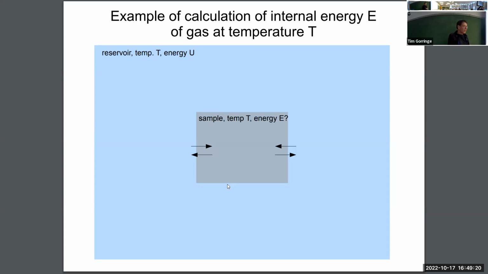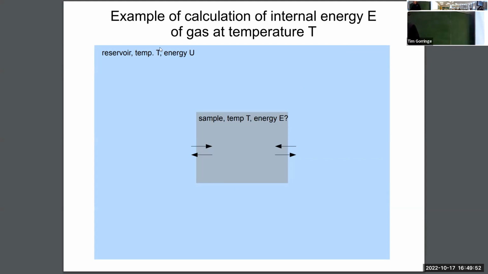And of course, the small sample of gas will come to equilibrium with the massive reservoir. So they'll both be at the same temperature. And we're going to work out the total internal energy of that gas sample that's shared between the atoms or molecules of the gas. So that's the problem we're going to work on, and we're going to do it by this Monte Carlo method.